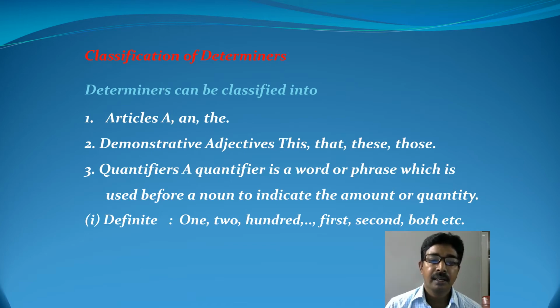There are both definite and indefinite quantifiers. So what are the definite quantifiers? One, two, hundred, first, second, both, etc. are called definite quantifiers.